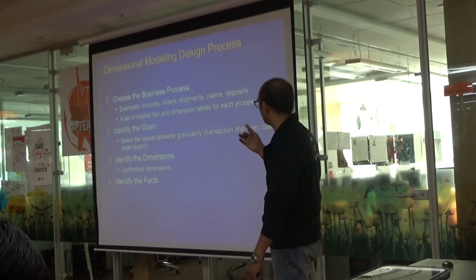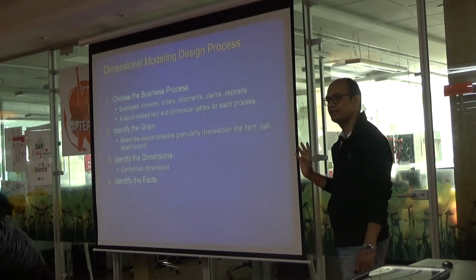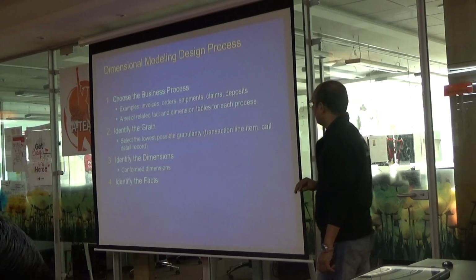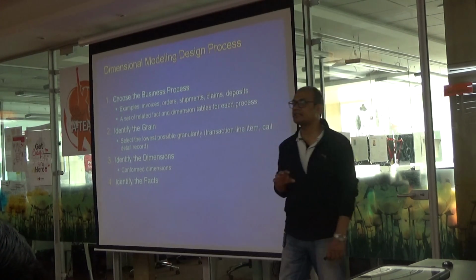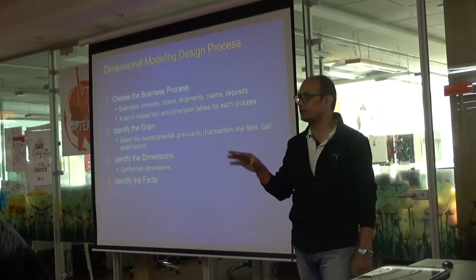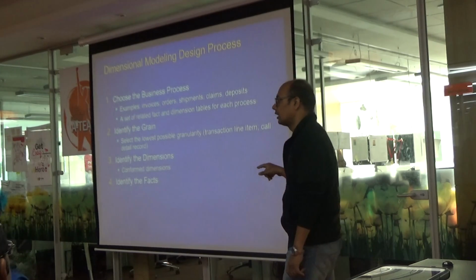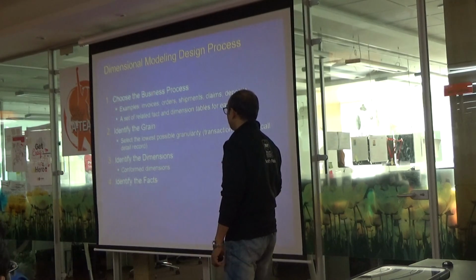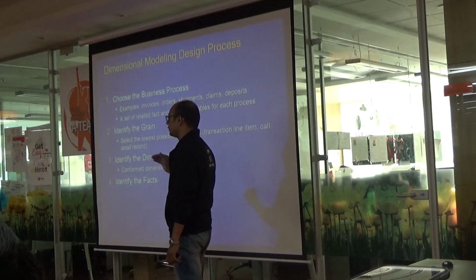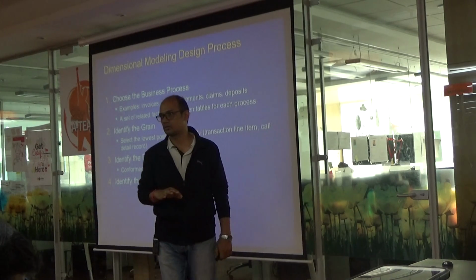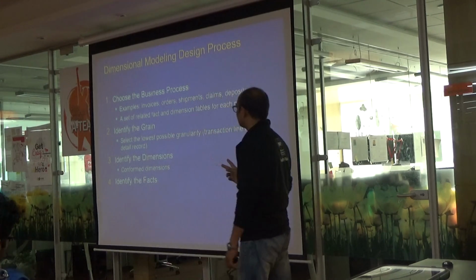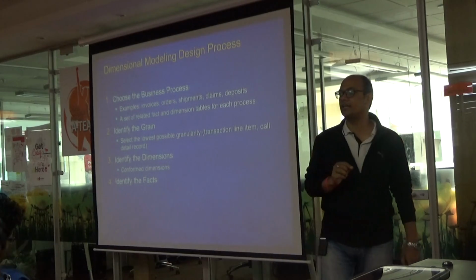So first you have to define that. And in the same step, you're probably going to define the related facts and dimensions. What a fact is and what a dimension is, we'll talk about in a couple of minutes. But these are the tables that you're going to identify for each of the processes. The second step is to identify the granularity.